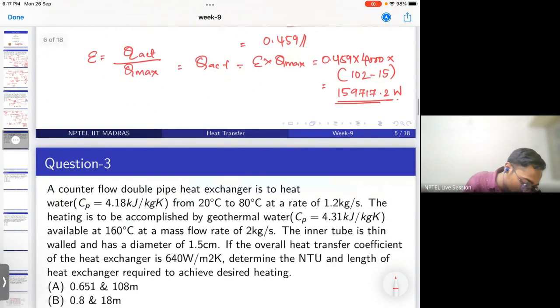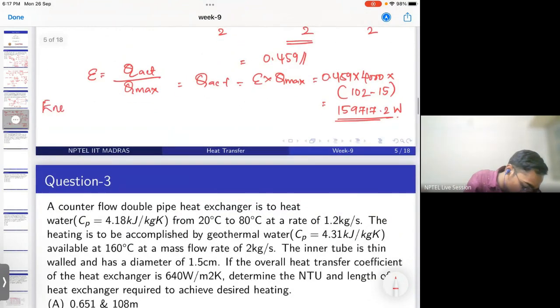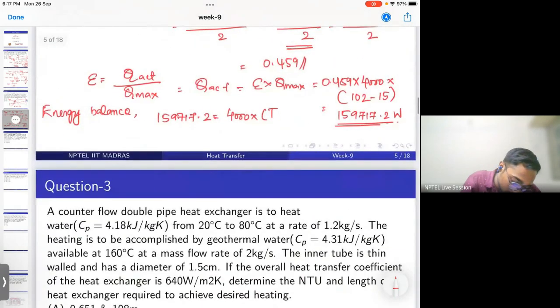Now just the energy balance. That is 1597.2 is equal to 4000 into Tco minus Tci.